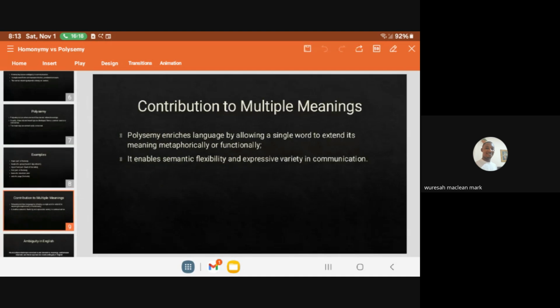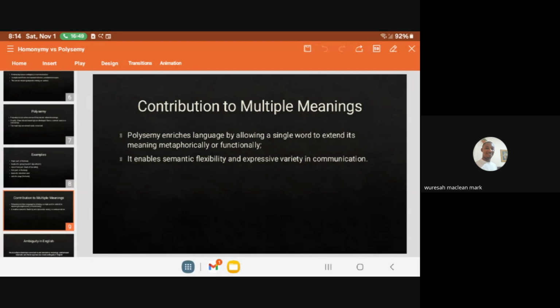Now, contribution to multiple meanings. So polysemy enriches language by allowing a single word to extend its meanings metaphorically or functionally. So here, you could use the word in a metaphorical manner or in a functional manner to really explain or communicate what you intend to communicate.